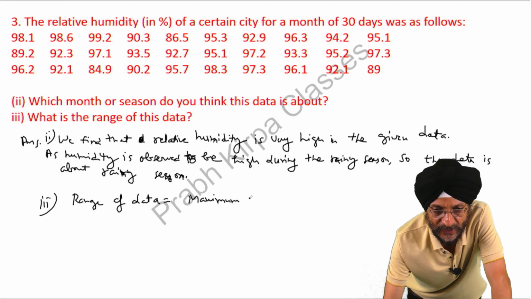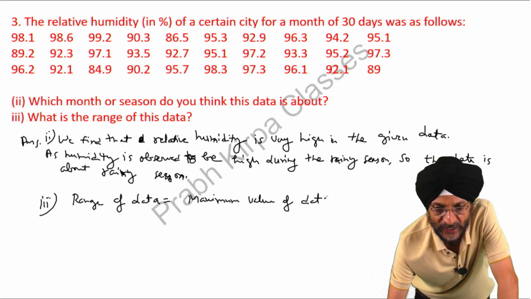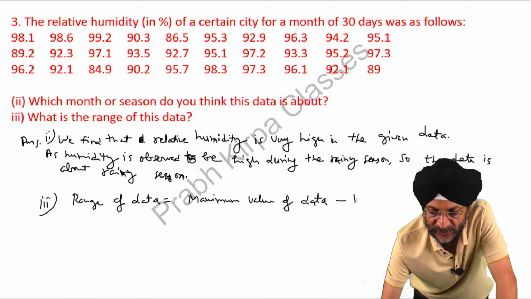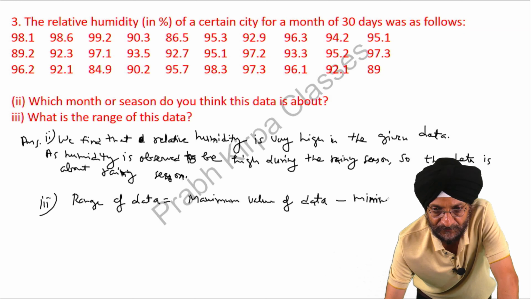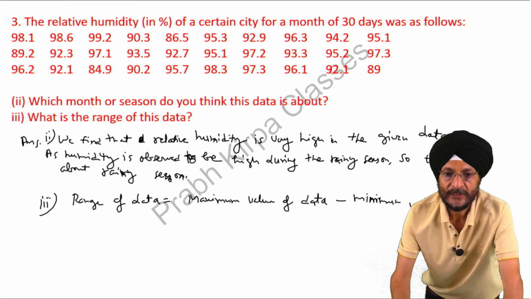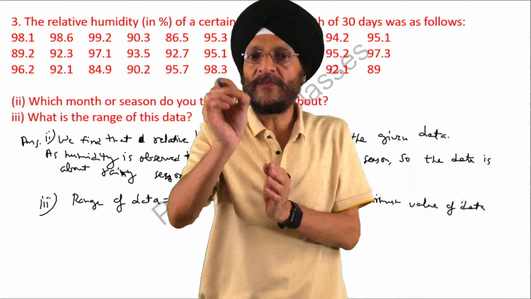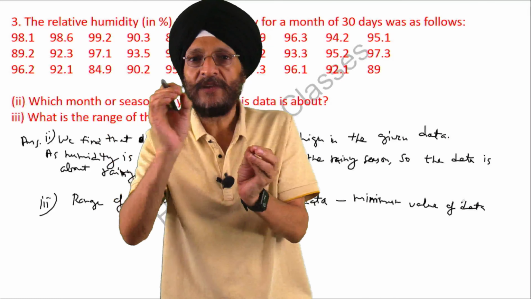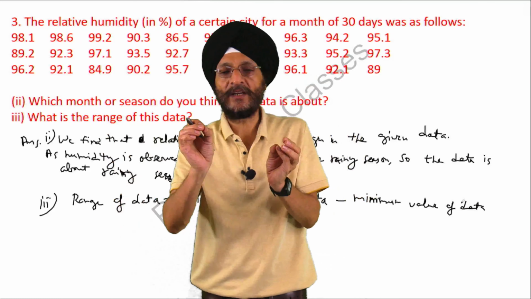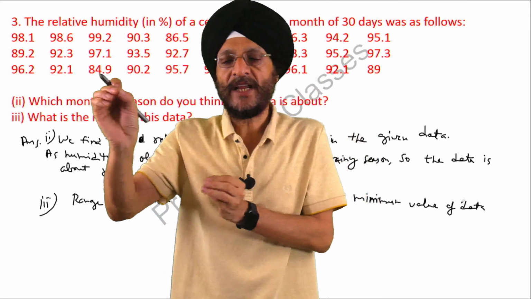So first we will write the maximum value of data, and from that we will subtract the minimum value. Suppose the range is 0 to 5, we say 5 minus 0, the range is 5. If the range is 5 to 10, the range will be 10 minus 5, which is 5.